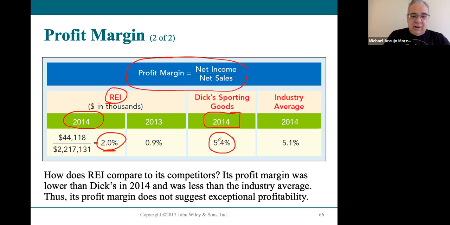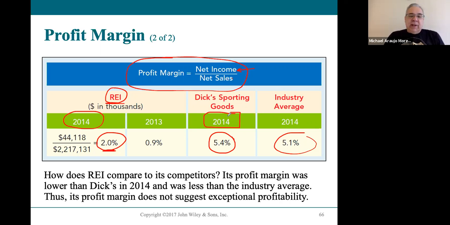Which is basically what the industry does. So in terms of overall profitability, Dick's Sporting Goods and the industry as a whole is doing a much better job than REI.